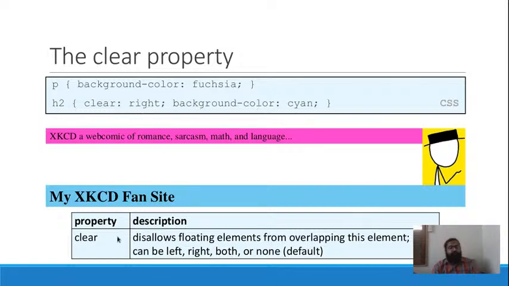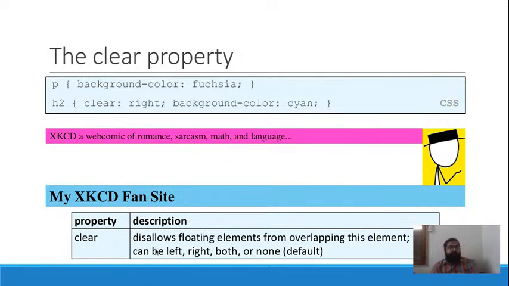The clear property disallows floating elements from overlapping this element. So if you use the property called clear, it will not allow the floating elements to overlap that particular element that we have defined to be clear.